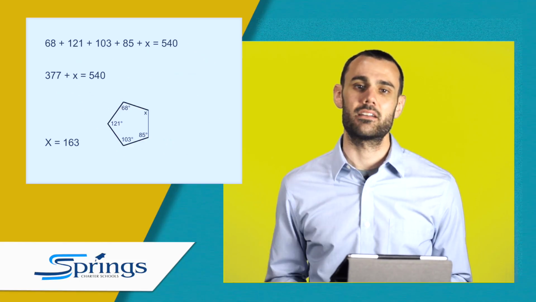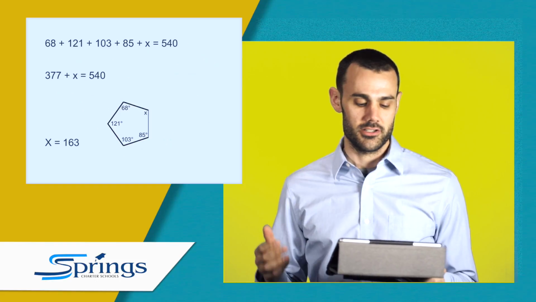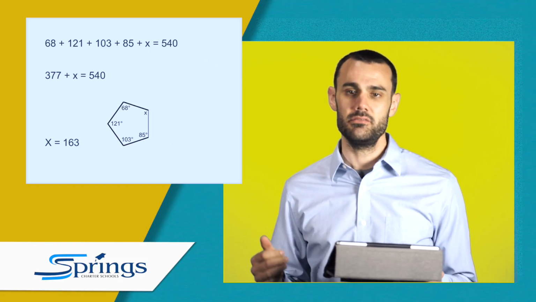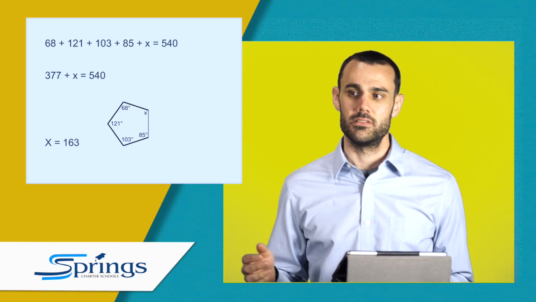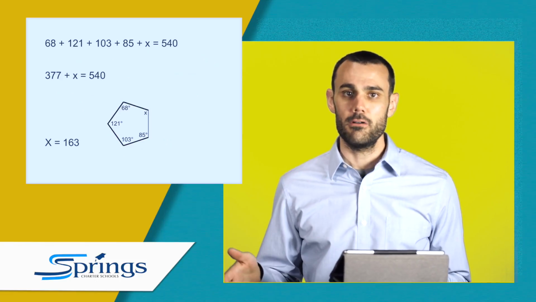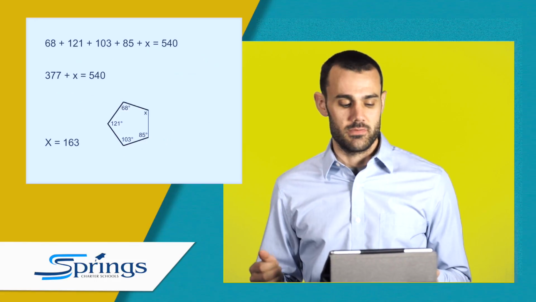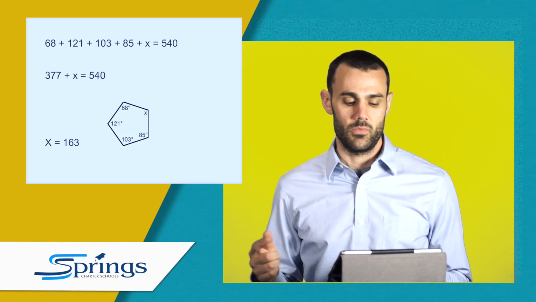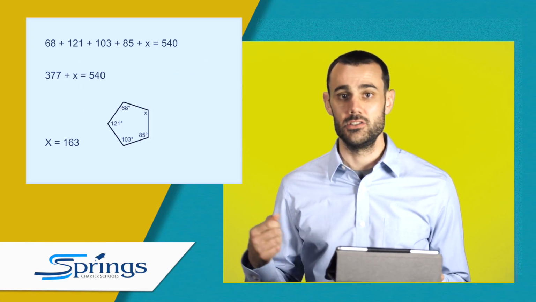So we need to subtract 377 from both sides of our equation. And when we do that, I get the missing angle x is worth 163 degrees. So all 5 angles add up to 540, and we have our 5 angle measurements, 68, 121, 103, 85, and finally that 163-degree angle that we just solved for.